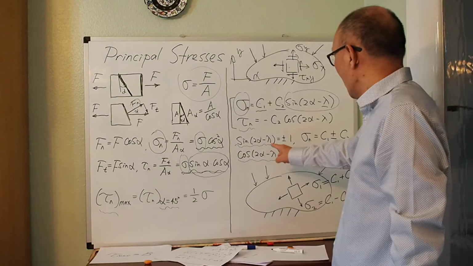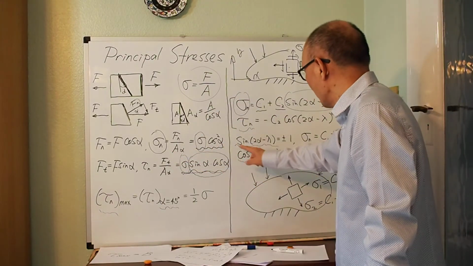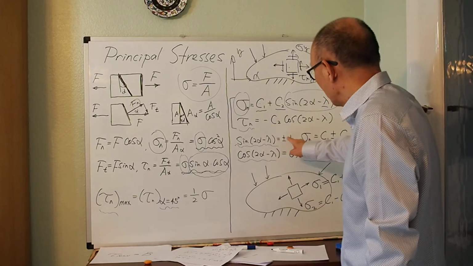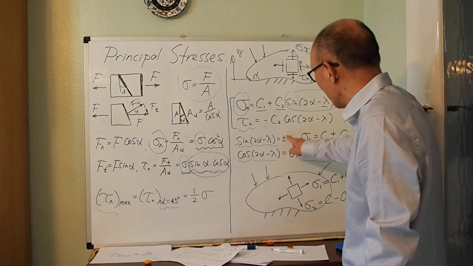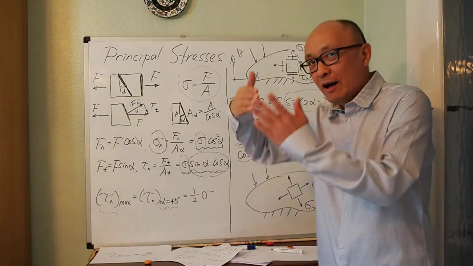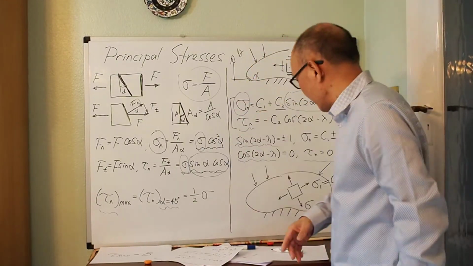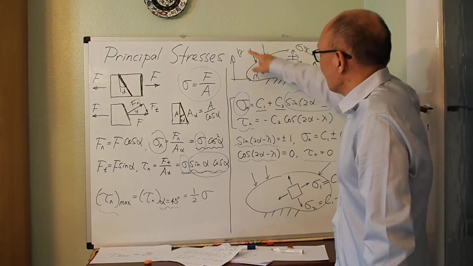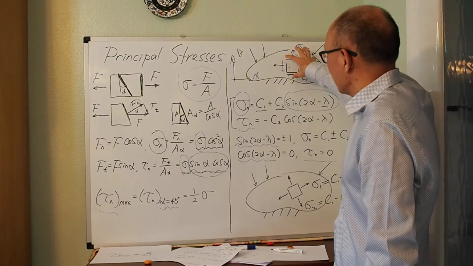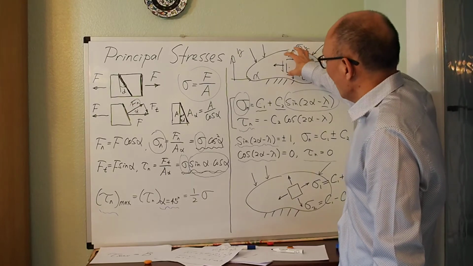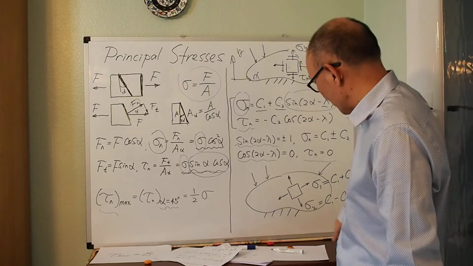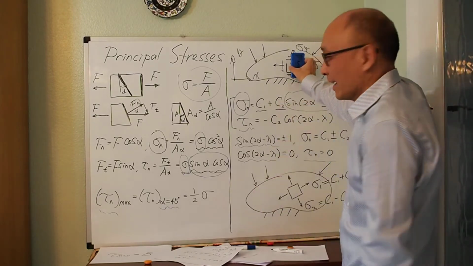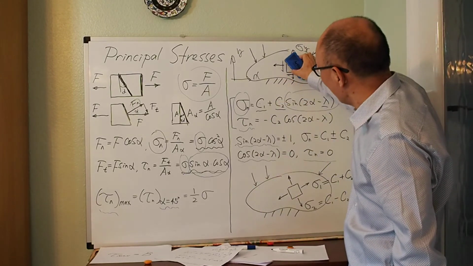And there's slightly more than that. When this is plus or minus 1, this thing is 0. So the two directions, +1 and -1, happen to be 90 degrees to each other. So what am I saying is this. This is an arbitrary direction you choose, and you get a set of stresses. Now you can look at all the other possible angles. You start from that and rotate to a different angle.